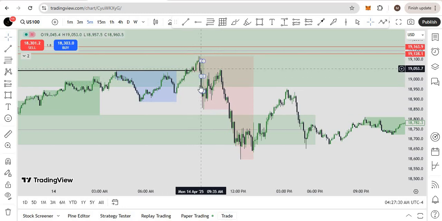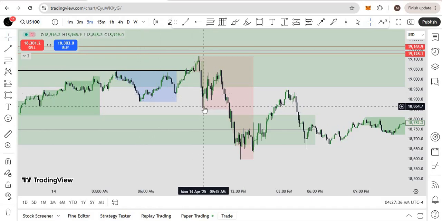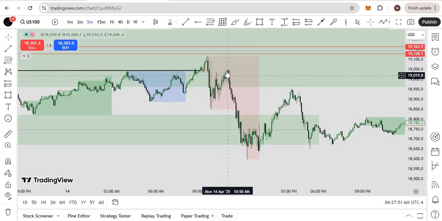You may think this was the liquidity sweep of a London session low, but then the bias gives you the confidence that no bro, this is not a liquidity sweep, actually we are bearish and we should sell here, because even if we lose, no problem.